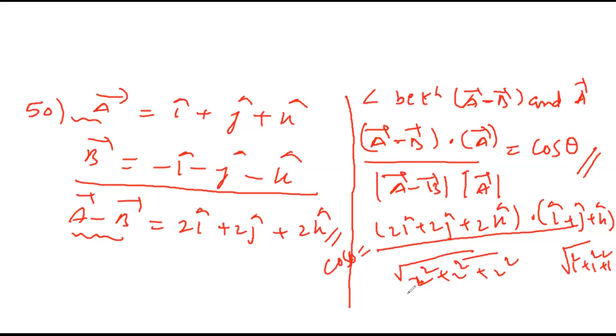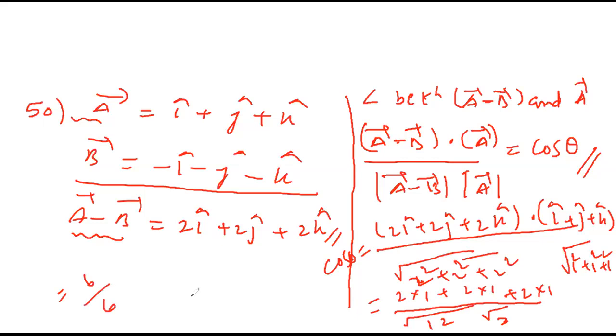So numerator is 2 into 1 plus 2 into 1 plus 2 into 1, upon root of 4 plus 4 plus 4 is 12, into root of 1 plus 3. So this is 2 plus 2 plus 2, 6, upon 6, equal to 1.